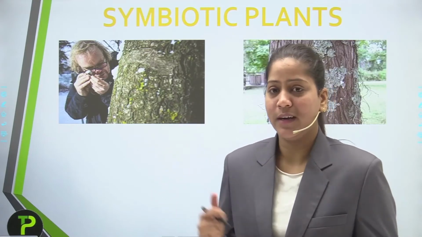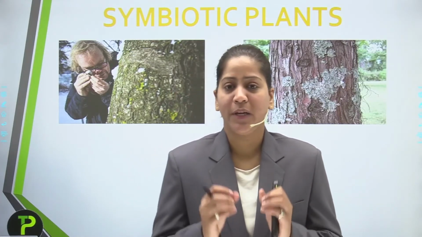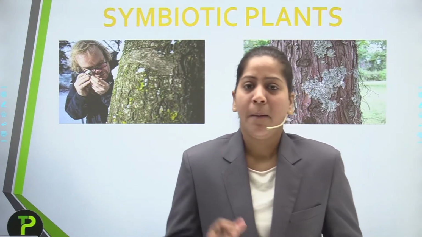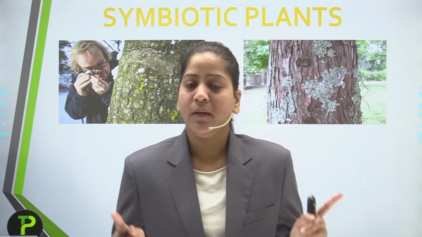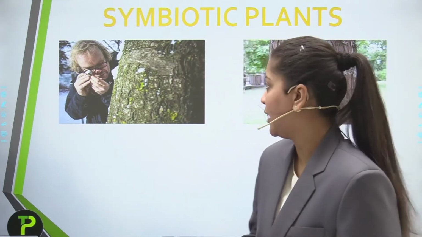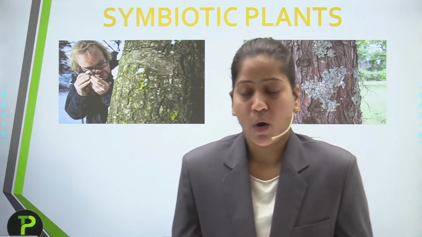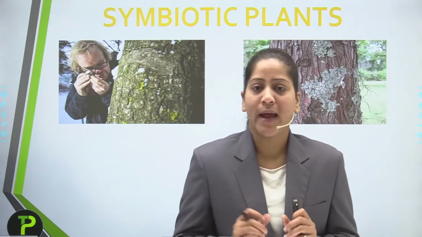What we have learned earlier is that one organism gets benefited and one will be destroyed. So in this type of relationship, a symbiotic relationship, both the organisms will get benefited.